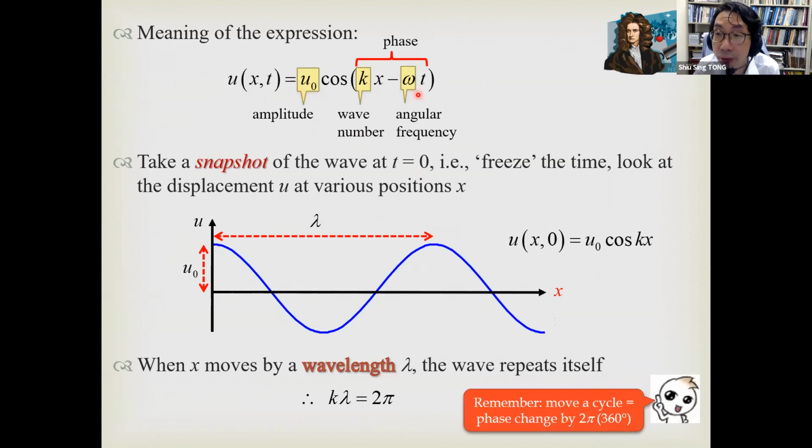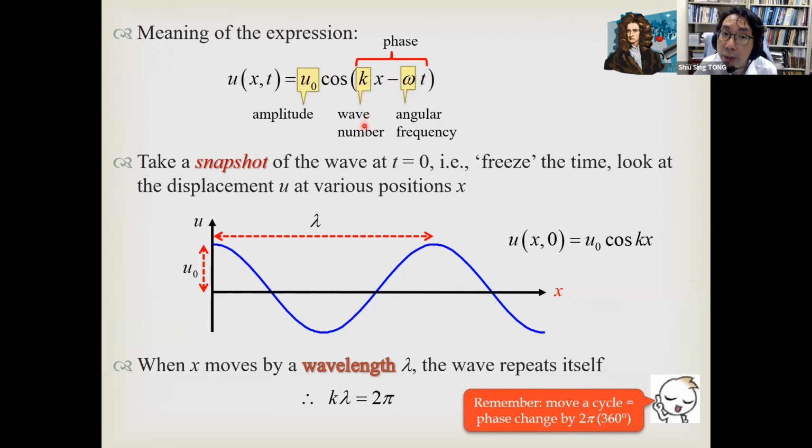Now look at the structure of this equation. The coefficient that goes before the cosine is of course the amplitude of vibration. It denotes how large the vibration is, so I denote it by U0. Inside the cosine, you have both X dependence and T dependence. You have kx minus omega t, where k and omega are two constants.